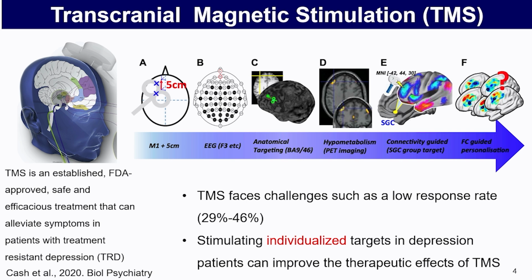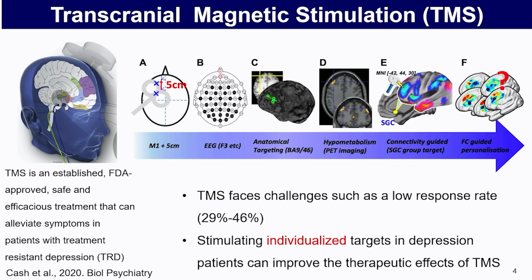In the future, as Angel already talked about, from the anatomical approach, each of us has a distinct brain. We should find our individualized target to have a better treatment, to increase the TMS treatment response.